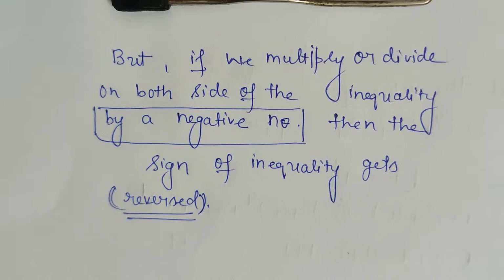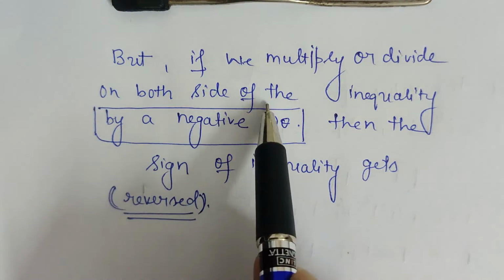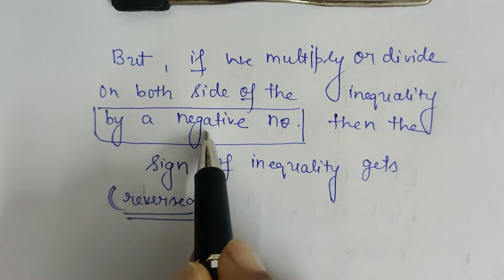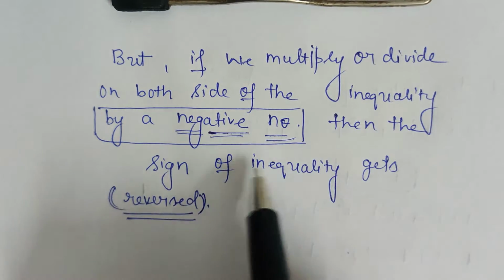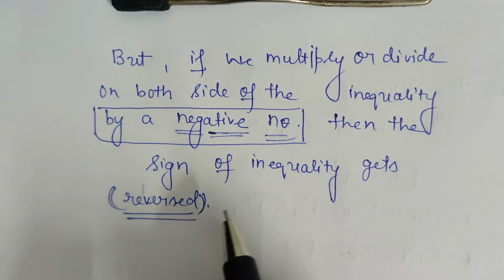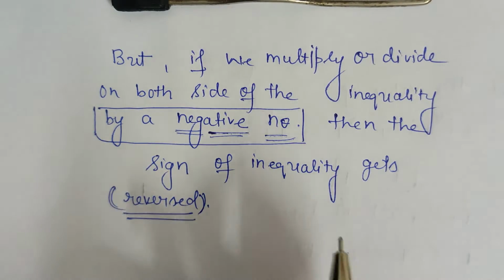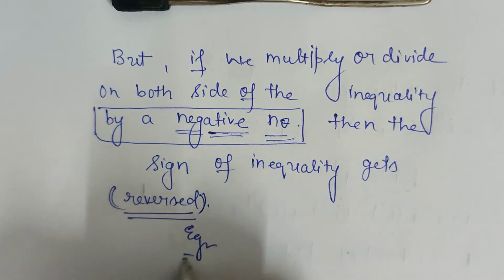But if we multiply or divide on both sides of the inequality by a negative number, underline it, by a negative number, then the sign of inequality gets reversed. For example, here also an example is mandatory.